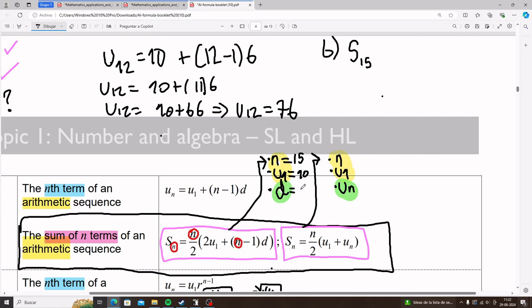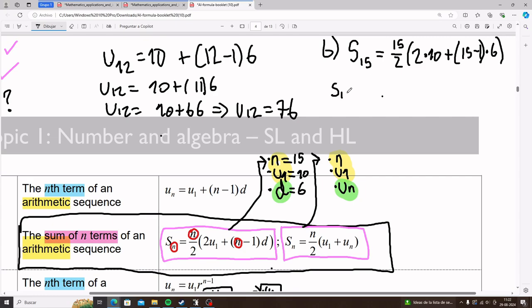And d is 6 from earlier as well. So plugging in these three things into the formula on the left, you have s of 15 equals 15 divided by 2 times 2 times u1. U1 we said was 10. Plus parentheses 15 minus 1, close parentheses, times d. D is 6.